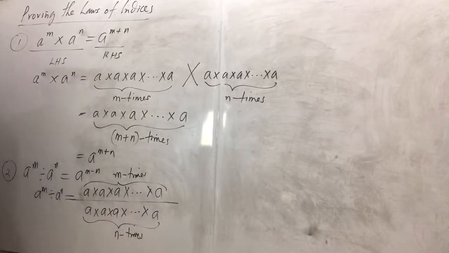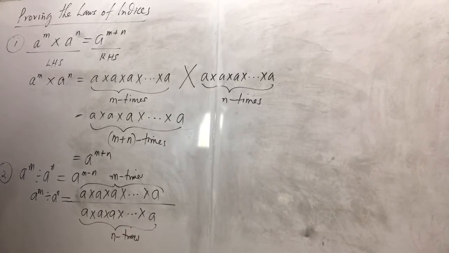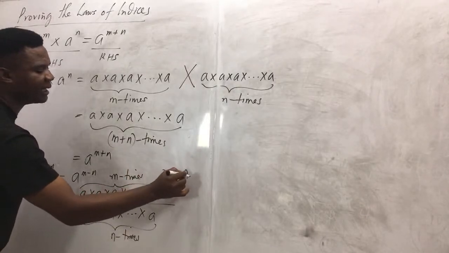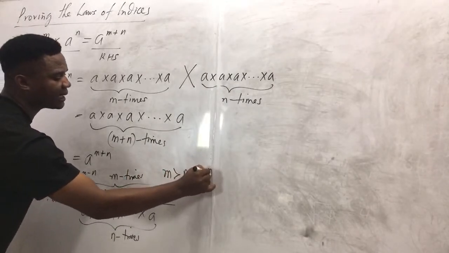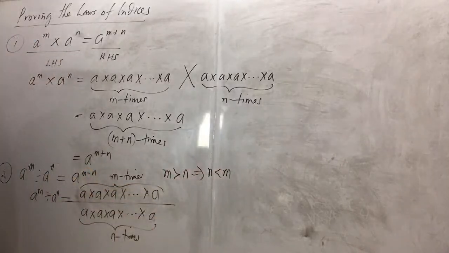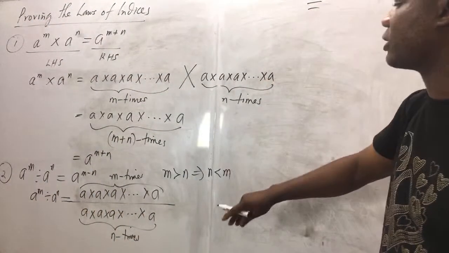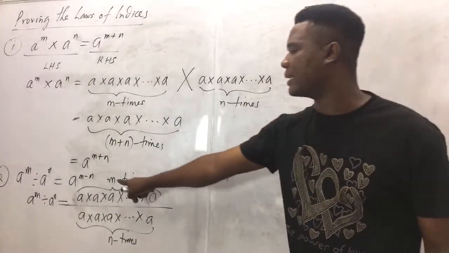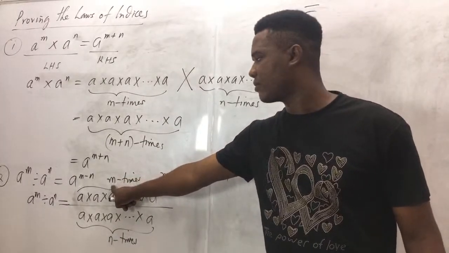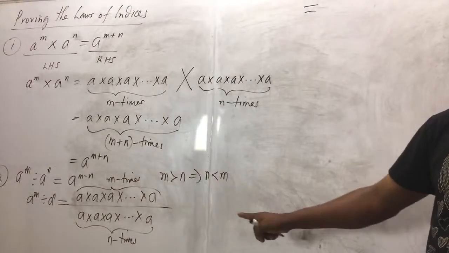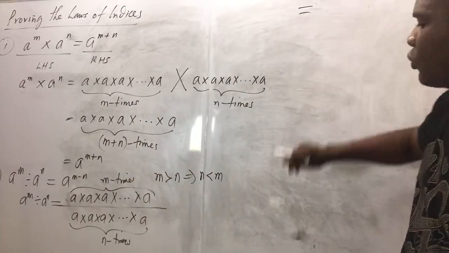Now, please take note, this law of subtraction works under the assumption that m is greater than n, invariably implying that n is less than m. Okay? So, look at it this way. If you are proving this law, please take note. We are assuming that the number of a's, the m a's, are more than the n a's. Now, look at it this way.